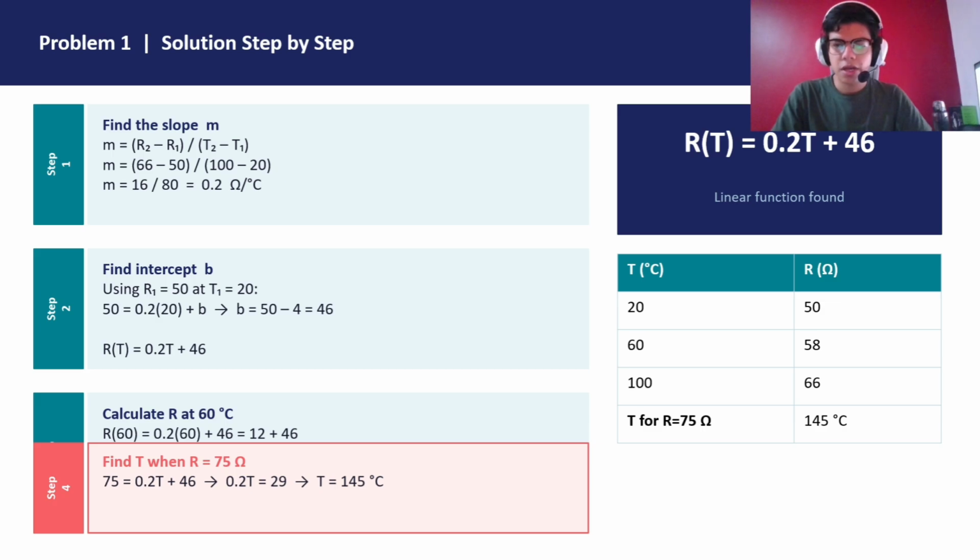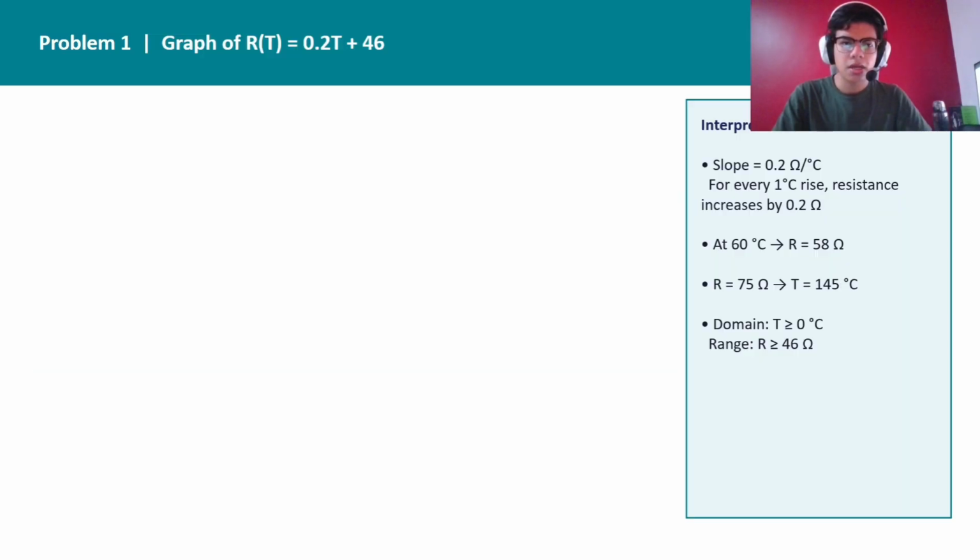So we are okay. This is problem one, and this will be the graphic. For the fields, we read the interpretation: slope equals 0.2 ohms per Celsius. So for every 1 Celsius rise, resistance increases by 0.2 ohms.